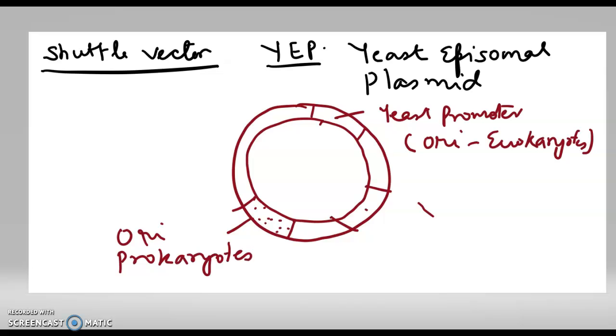Then as selectable markers, ampicillin resistance and the LEU2 gene are present in it. Why are we calling it a shuttle vector? Because it has ori sites for eukaryotes and prokaryotes. This vector can be used in eukaryotic as well as prokaryotic host cells.